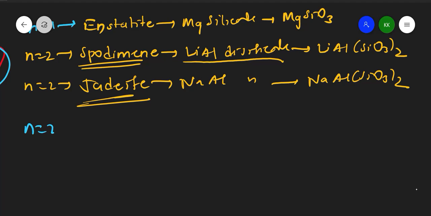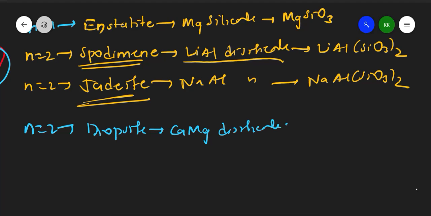For n equal to 2, one more name I can give is diopside. Its formula is calcium magnesium disilicate, CaMg(SiO3)2.